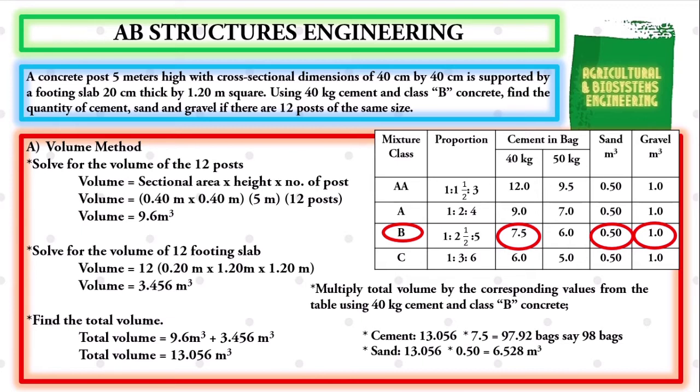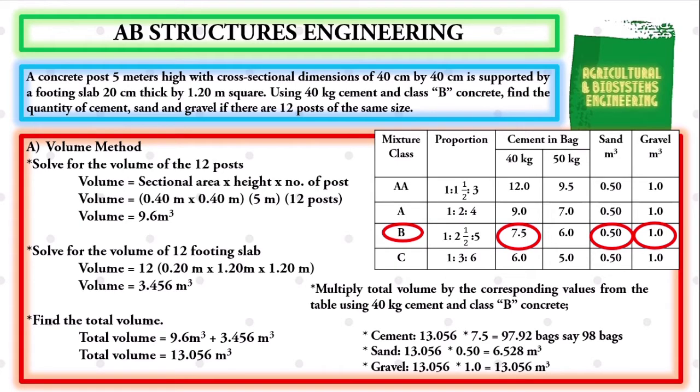We have the volume of 13.056 times the sand value of 0.50, giving us a sand quantity of 6.528 cubic meters. Next, the gravel. We have the total volume of 13.056 multiplied by the gravel value of 1.0, giving us a gravel quantity of 13.056 cubic meters. That is now the solution to our volume method.